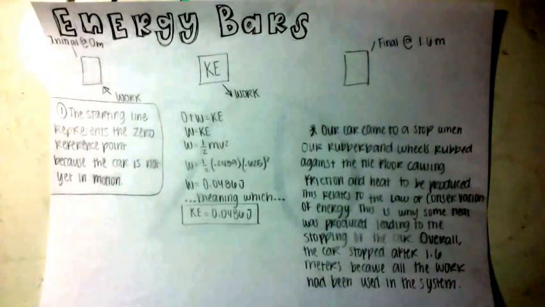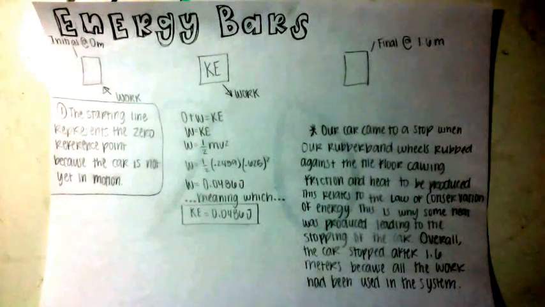So now we have our energy bars. So the initial is at 0 meters. Work goes into the car, and the starting line represents the 0 reference point because the car is not yet in motion. And then when the car is traveling, it has kinetic energy, and work is going out of the car. And to solve for that, we have work equals kinetic energy.